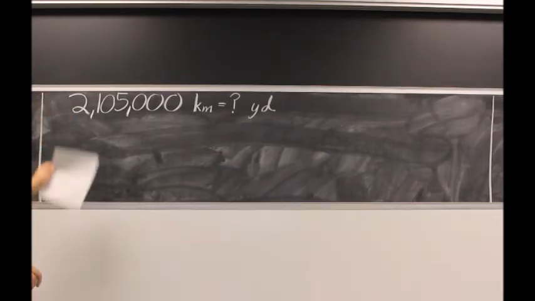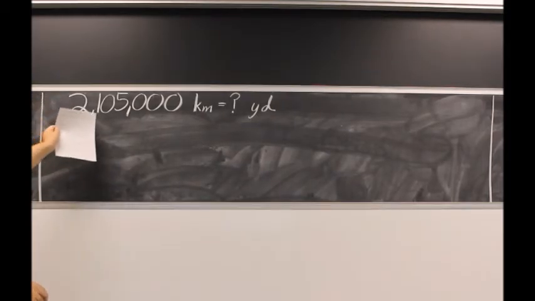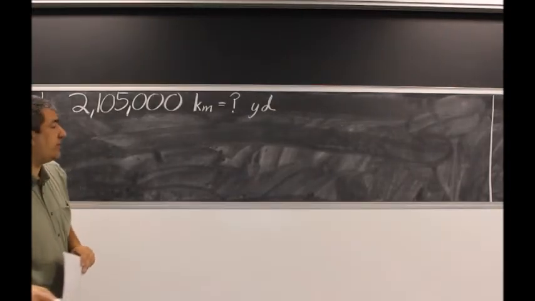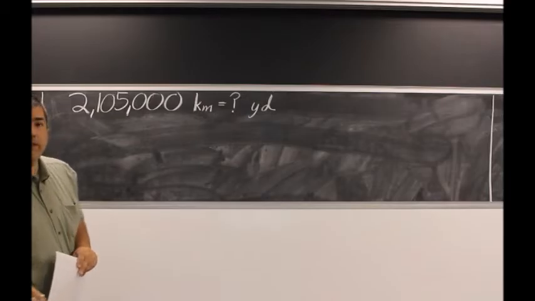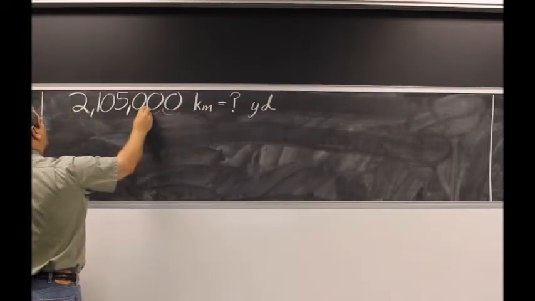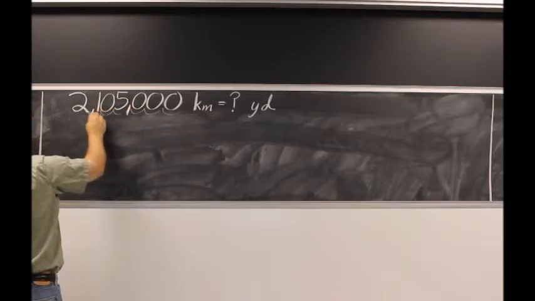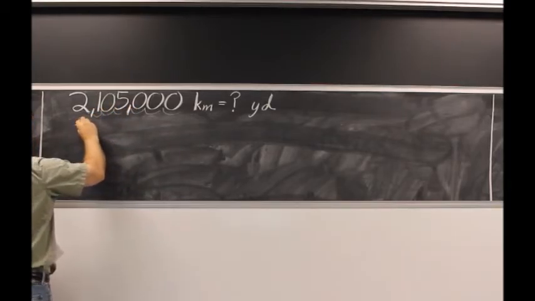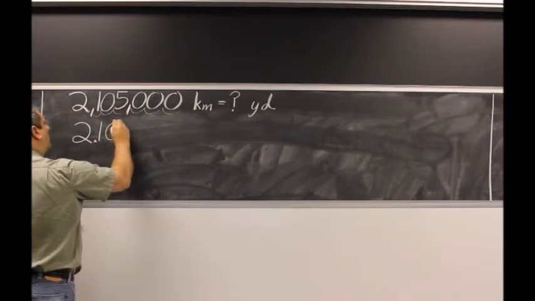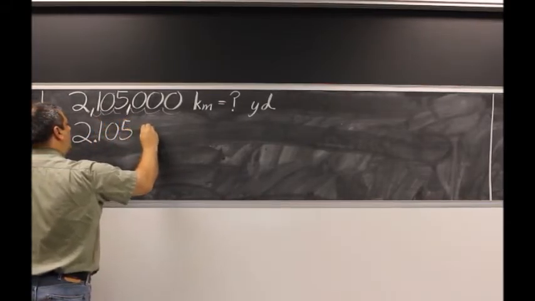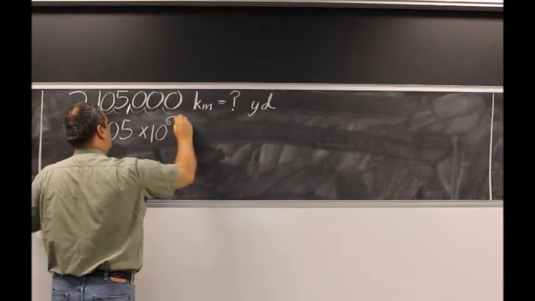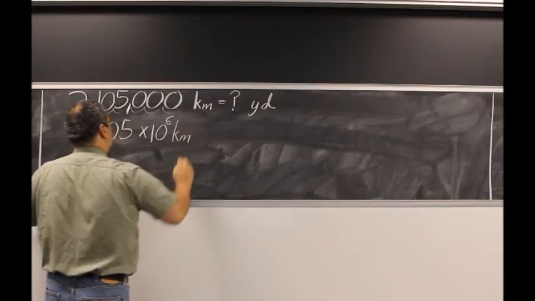Now, 2,105,000, I'm going to first convert this to scientific notation just to make the number a little easier to work with. So 1, 2, 3, 4, 5, 6. So this gives me 2.105 times 10 to the 6th kilometers.